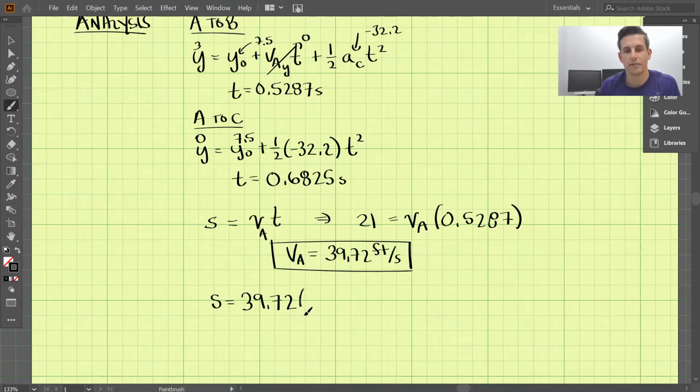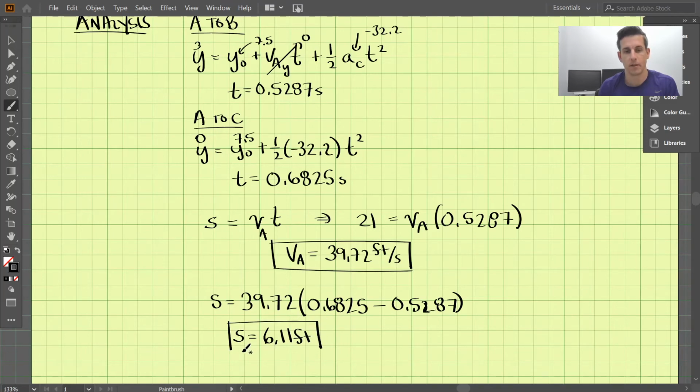So what distance does it travel between when it goes over the net and when it hits the ground? That's 0.6825 minus 0.5287. Performing this calculation, we come out with about 6.11 feet. And that is our answer here for 1298.